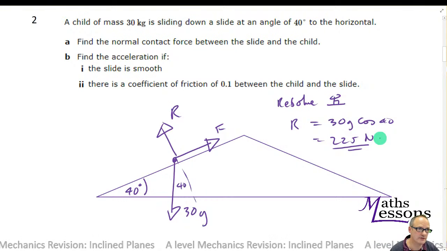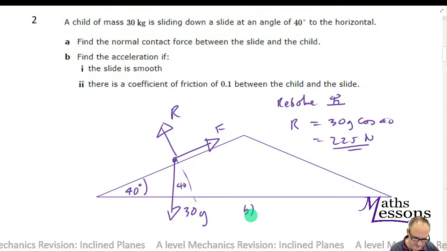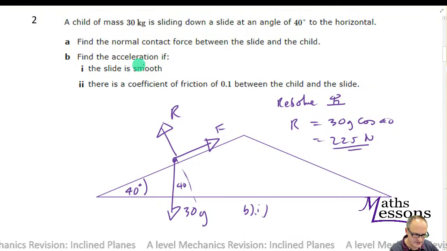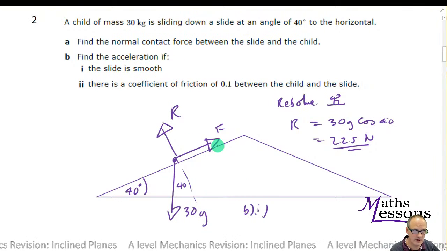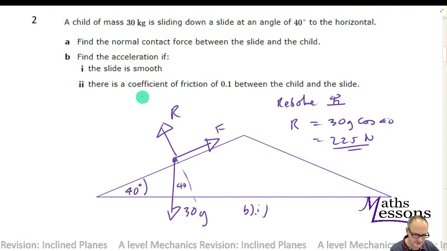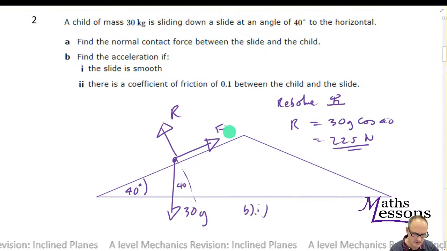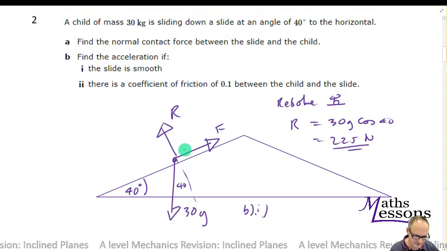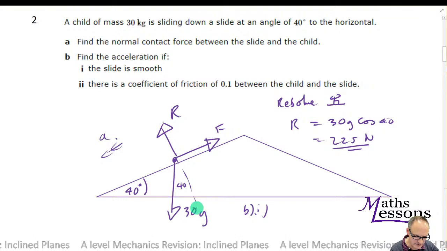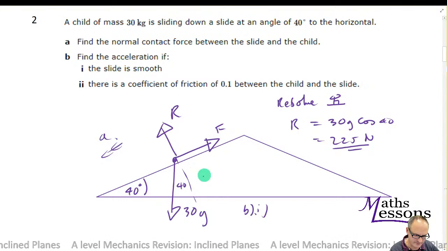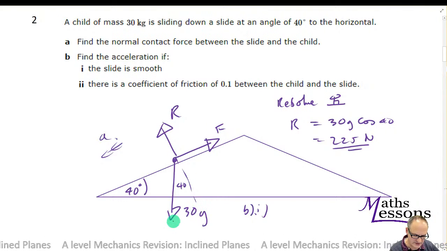Now, moving on to part B. We want to find the acceleration as the slide is smooth. Let's just do smooth first. So it's going to be accelerating this way, and there's no friction here. We're just going to have all the weight giving us acceleration.